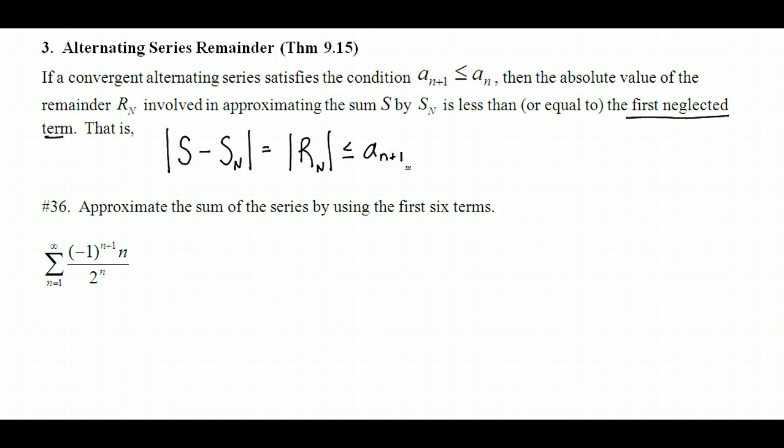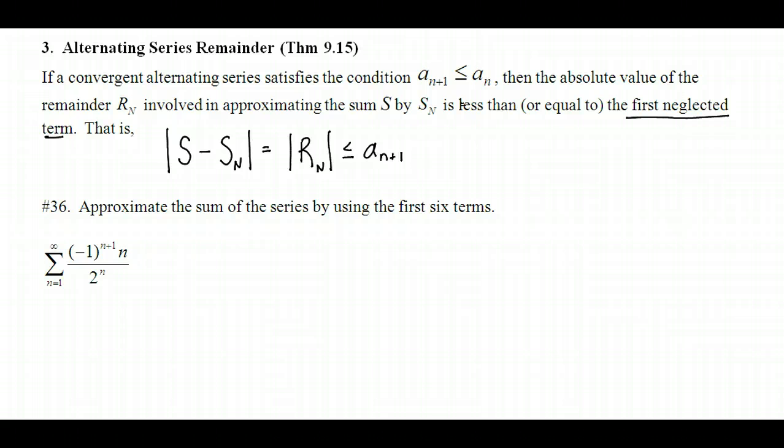And as we go through a couple examples, I think you'll catch on to what this actually means, what we're looking for. And there's really two types of problems that go with this. So right now I totally understand that this is maybe a little bit confusing. Just follow along the examples, and then we'll look back at what the alternating series remainder says, and hopefully that will help clarify things.